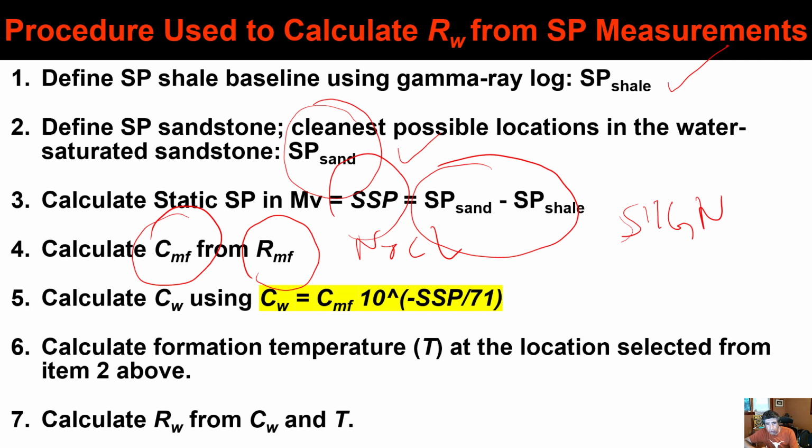And then we use the equation by Nernst and solve it for CW, the concentration of sodium chloride equivalent in formation water, using the concentration of sodium chloride equivalent for mud filtrate and the SSP, which is the previous value from the difference between the measurement and the shale baseline. Then from that CW, we calculate the corresponding formation temperature, and with the two, concentration of sodium chloride equivalent and temperature, we calculate the corresponding RW.